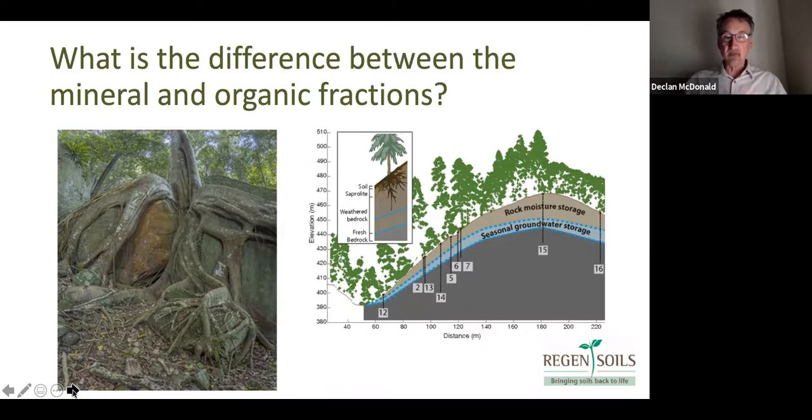That might take millennia, but that rock is eventually going to contribute to our soil. This is really how soil is formed, through the gradual breaking down of mineral material into sand, silt, and clays. Whether we get sand, silt, or clay depends very much on the mineralogy of the rocks we're dealing with.